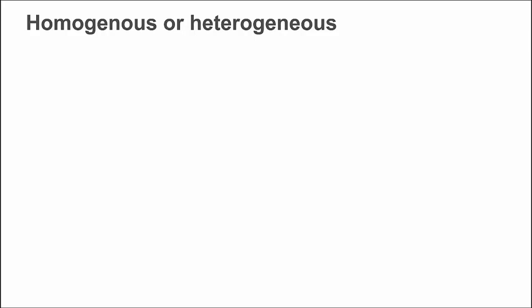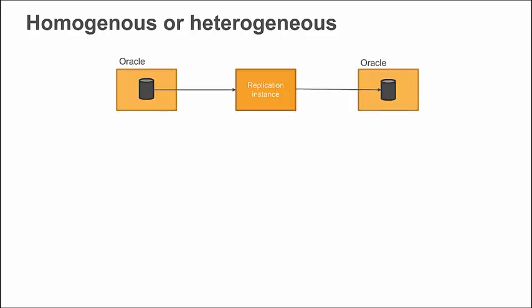The Database Migration Service supports multiple modes of data movement. You can use it for homogeneous migrations. For example, if you have an Oracle database on premises and you would like to move that database to RDS Oracle, you can do that.